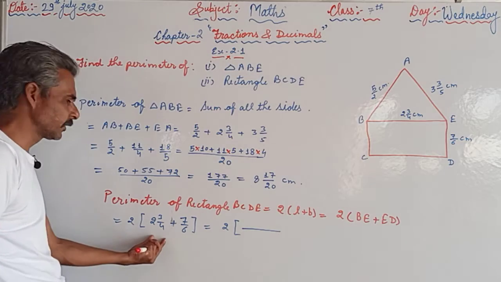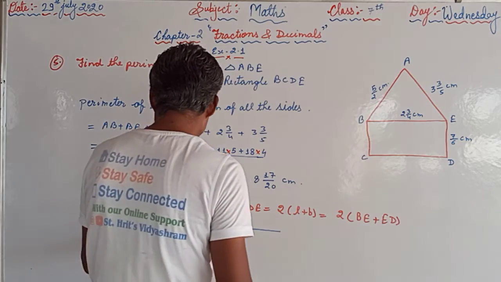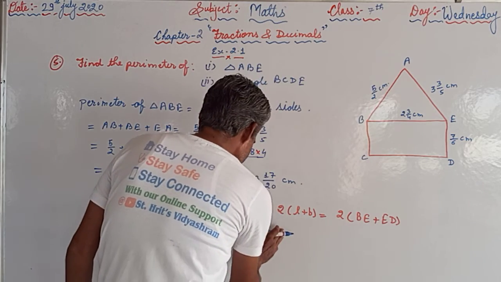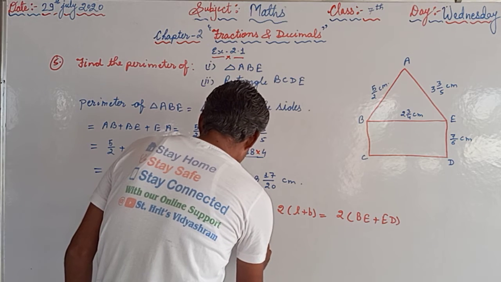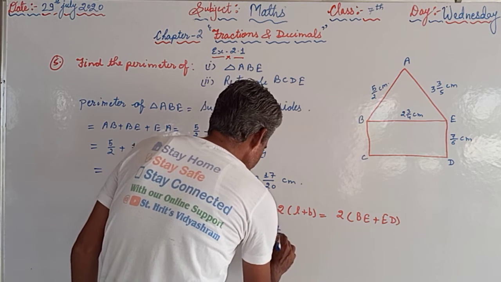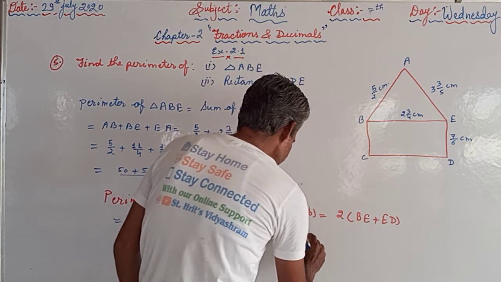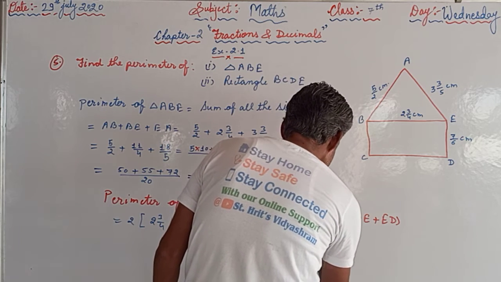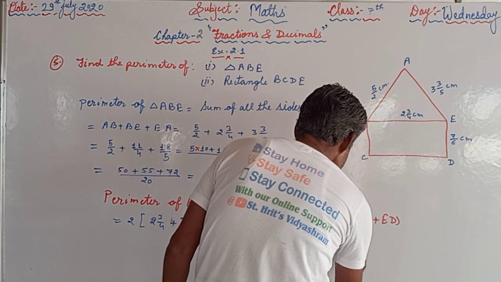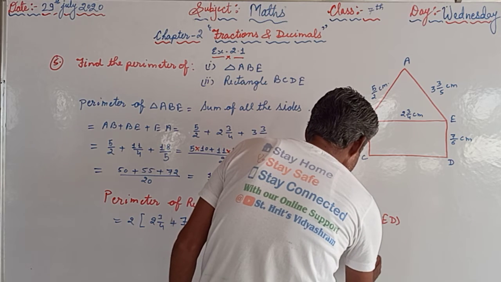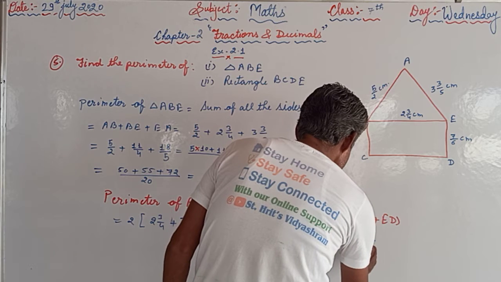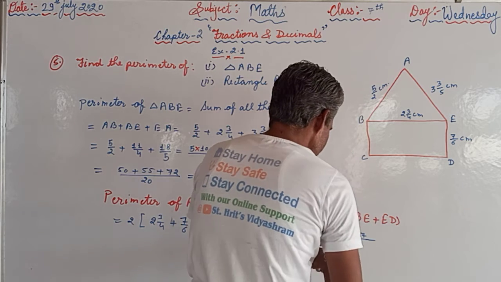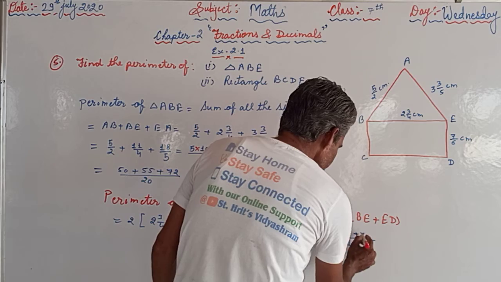first of all we have to convert that mixed fraction into an improper fraction. 4 times 2 is 8, 8 plus 3, 11 upon 4, plus 7 upon 6. Now we have to take the LCM of 4 and 6. The LCM of 4 and 6 is 12, and again we will write the same numbers, 11 plus 7, and we will put here the sign of multiplication.